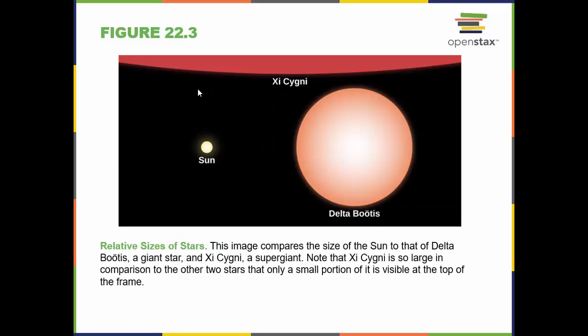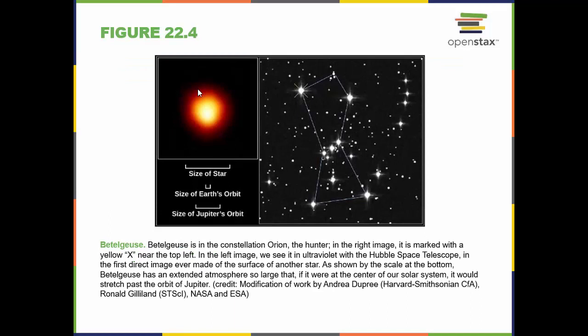So if we look at the relative size of the stars, this image compares the size of the Sun to that of Delta Bootis, a giant star, and Psi Cygni, a supergiant. And note that the supergiant is so large in comparison to the other two stars that only a tiny portion of it is shown in the frame.